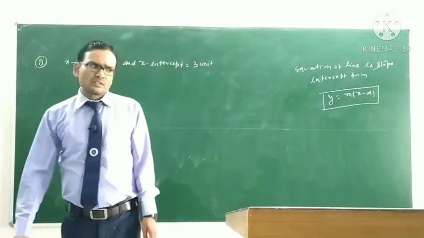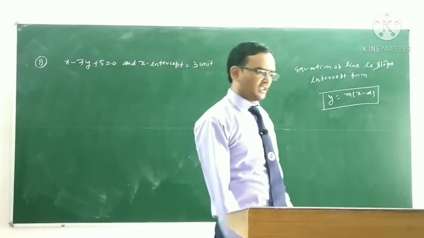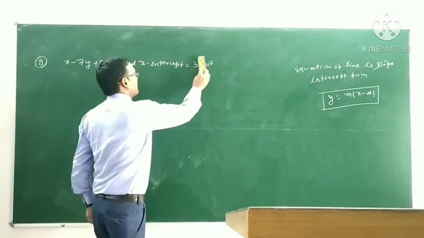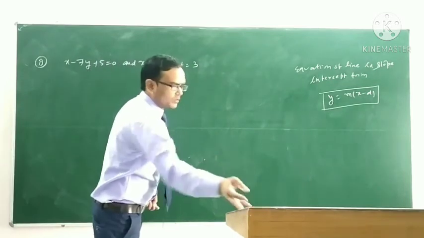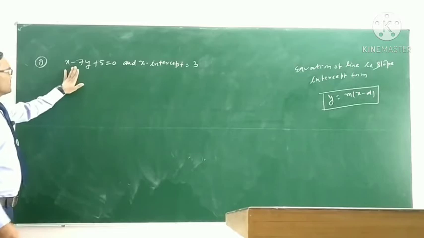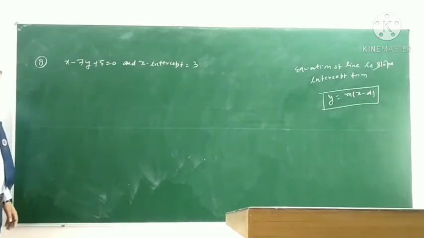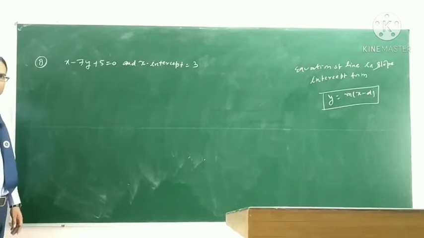Okay students, here x intercept is 3 units. We find the equation of the line perpendicular to the line x minus 7y plus 5 equal to 0 and having the x intercept 3.